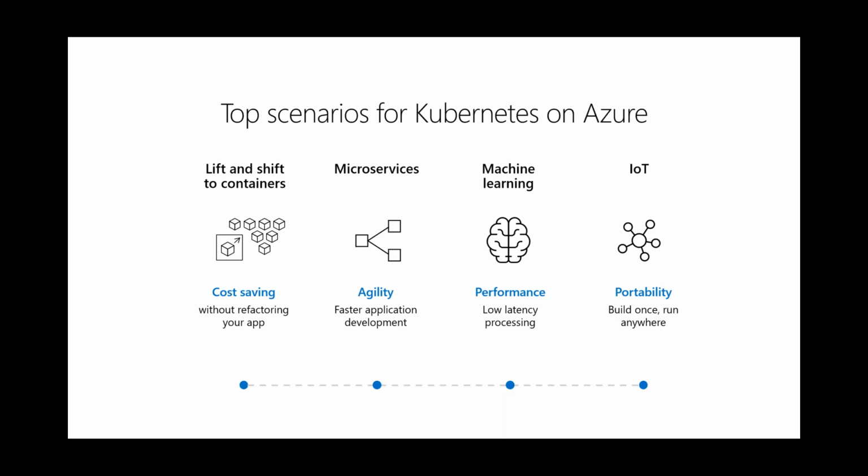This is a great scenario for Kubernetes because of all of the scaling benefits that it has and the low latency that you get out of container services, because you're not necessarily dependent on the underlying operating system. You're running the code directly. IoT portability is very important because you can build once and run anywhere. As I'd mentioned, being able to move from infrastructure to infrastructure is important, and that especially benefits IoT.